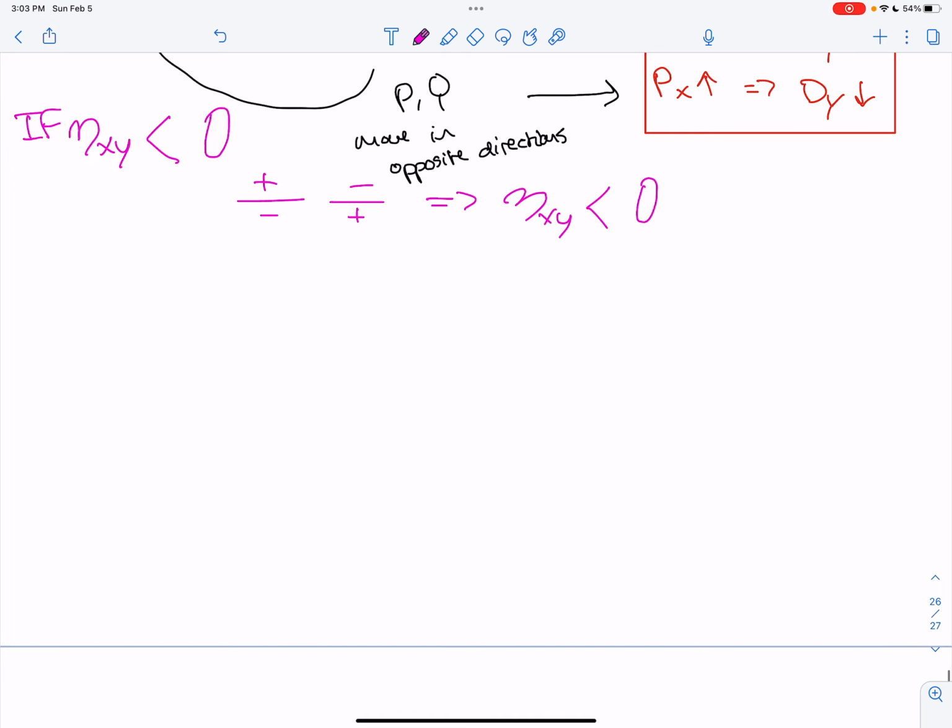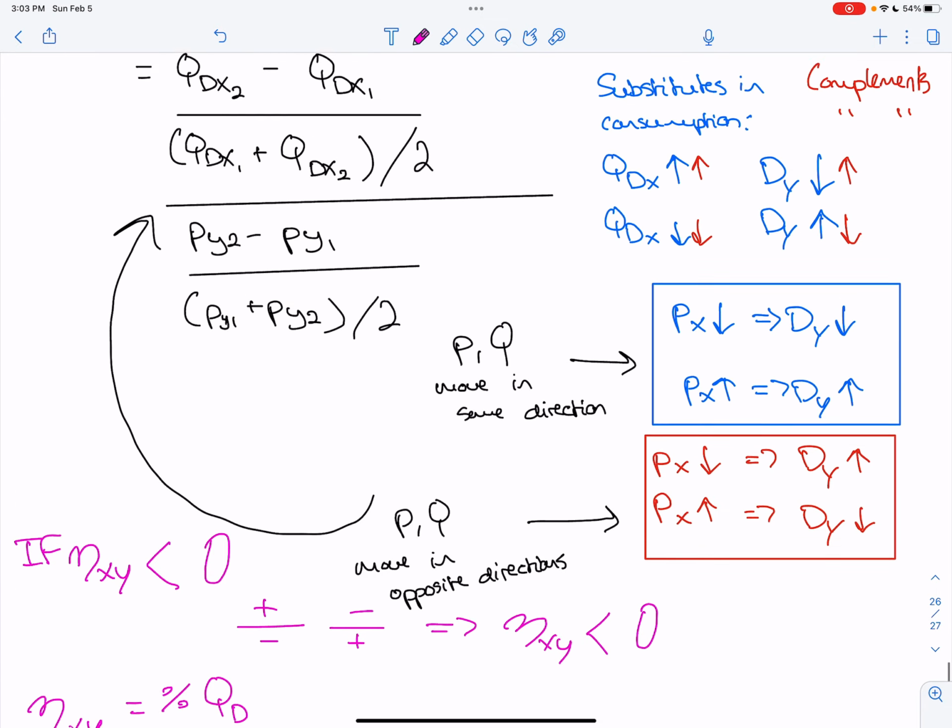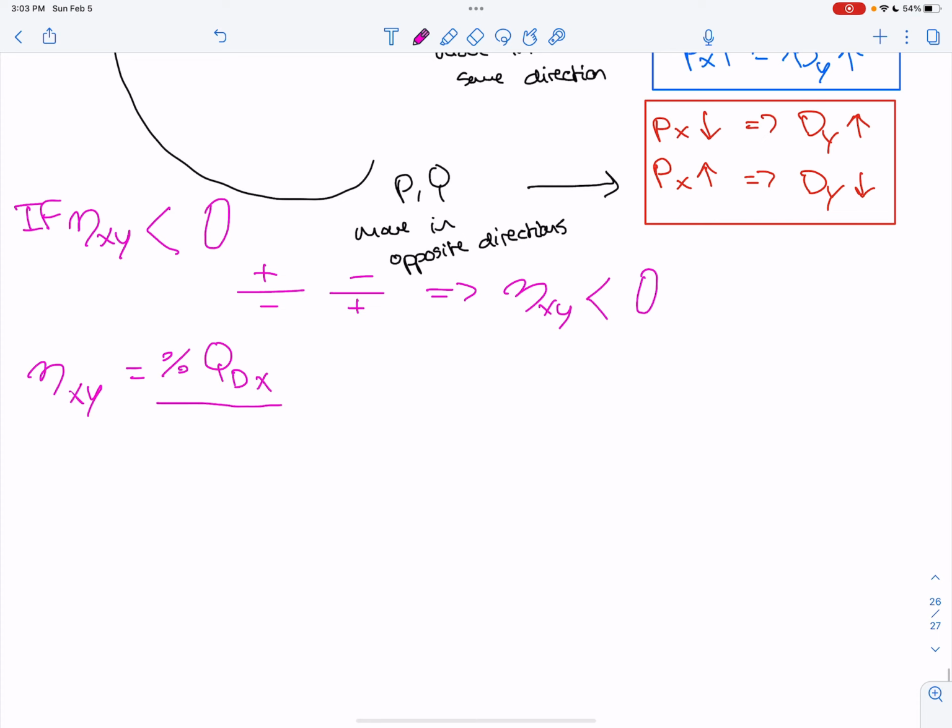Let's make that super, super clear. Cross-elasticity is nothing but the change in quantity demanded for, say, good X relative to a change in price of Y. Now, if one of them ends up being positive and the other ends up being negative, or if one ends up being negative while the other one ends up being positive, this just means that they're moving in opposite directions.